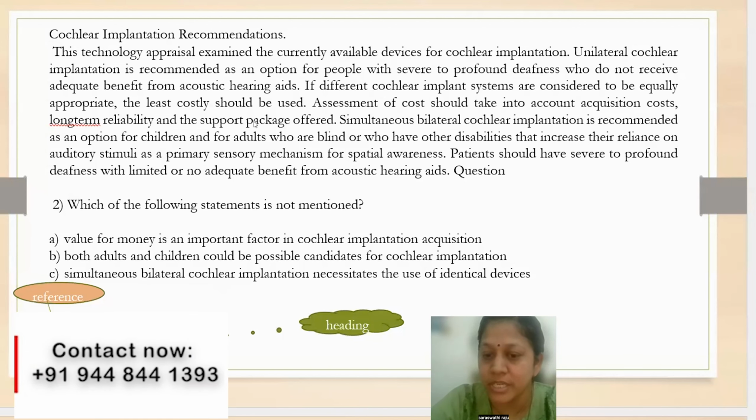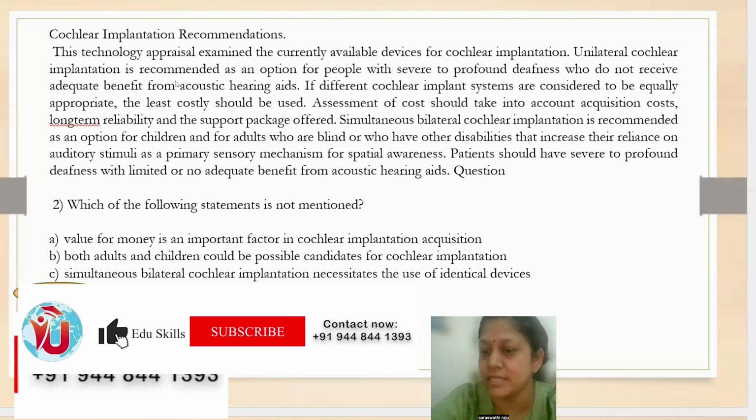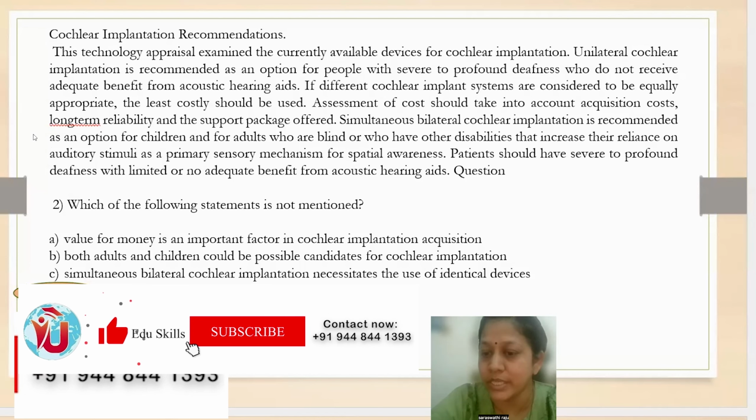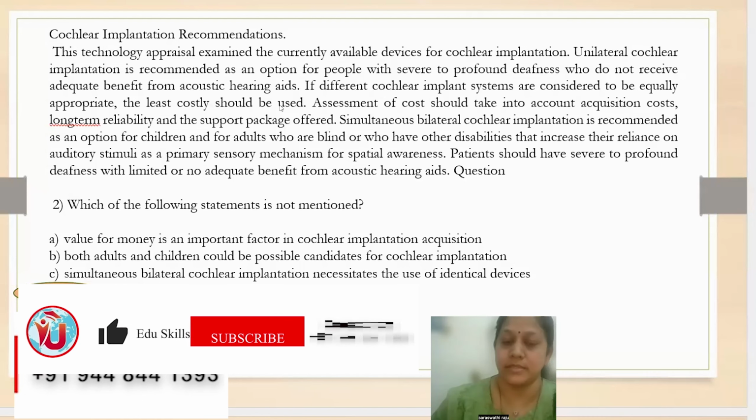Simultaneous bilateral cochlear implantation is recommended as an option for children and for adults who are blind or who have other disabilities that increase their reliance on auditory stimuli as a primary sensory mechanism for spatial awareness. Patients should have severe to profound deafness with limited or no adequate benefit from acquiring hearing aids.